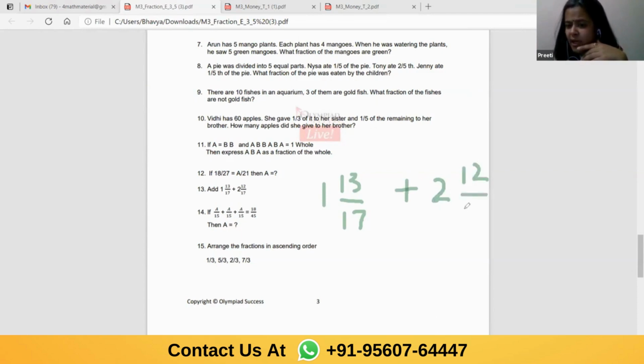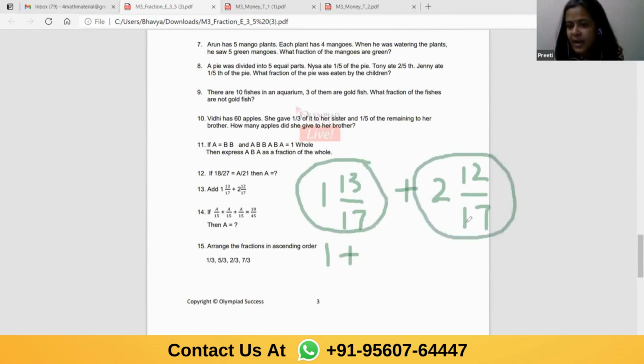Shall I tell you a quick way to solve this question? Yes, ma'am. Okay. First, only add the whole numbers. The whole number in this one is 1, so I am writing 1 here. And the whole number in this one is 2, so I am writing 2 here. And I am putting them in a bracket.